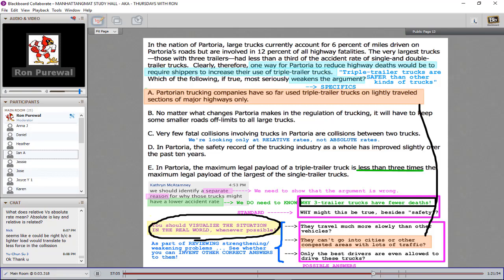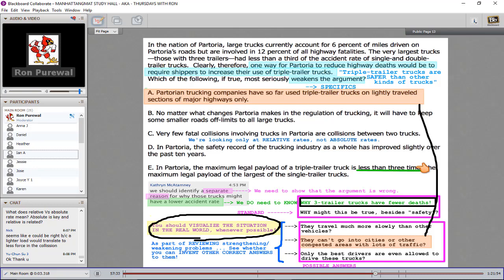It's not a lighter payload overall. This choice is just saying that you can't take the single trailer and multiply it by 3. So for example, if a single trailer truck can carry, let's say, 20 tons, this is just saying that a triple trailer truck is not allowed to carry 60 tons. That's all that it's saying.